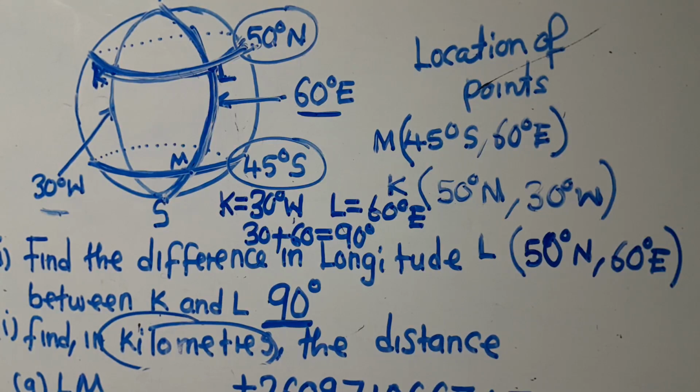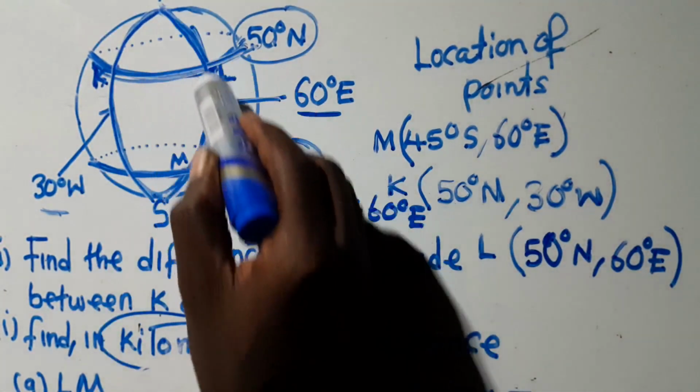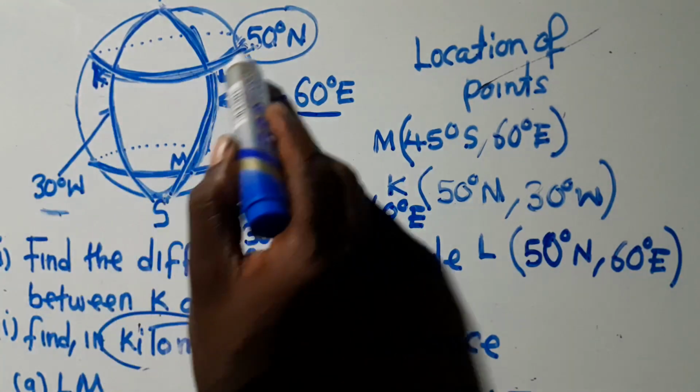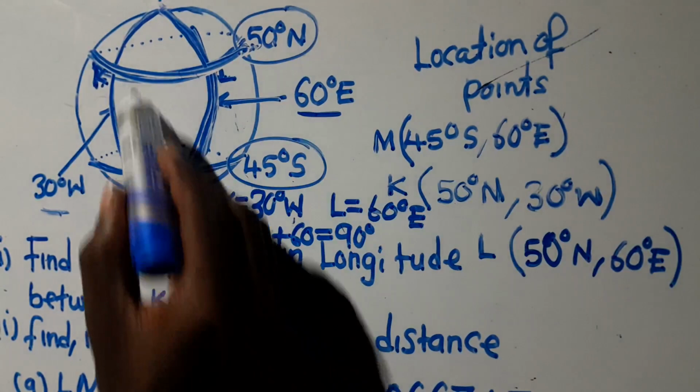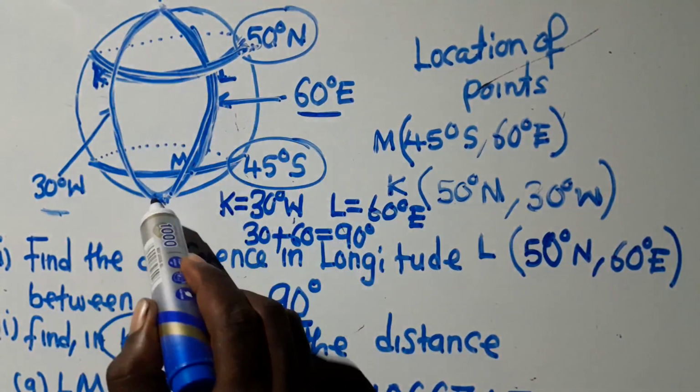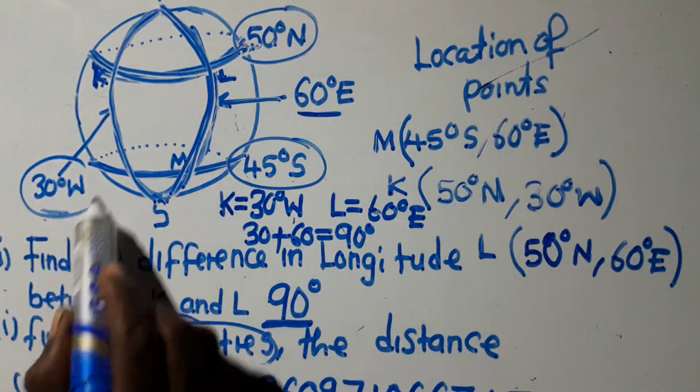But in this case, we want to find KL. The difference is in the what? Longitudes. K is there, L is there. We can't find the difference in the latitudes. Both of these are on the same latitude. So we find the difference in longitudes. K and L. K is on this.